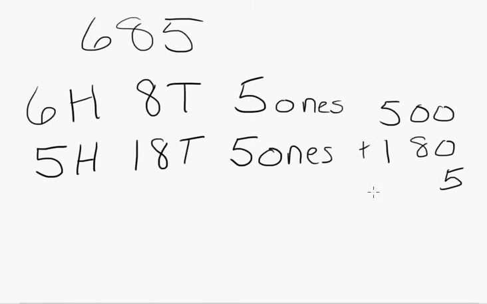So we add these together, and if we've done it correctly, it should add up to 685. So 0 plus 0 plus 5 equals 5, 0 plus 8 equals 8, 5 plus 1 equals 6. Well, what do you know? We have 685.